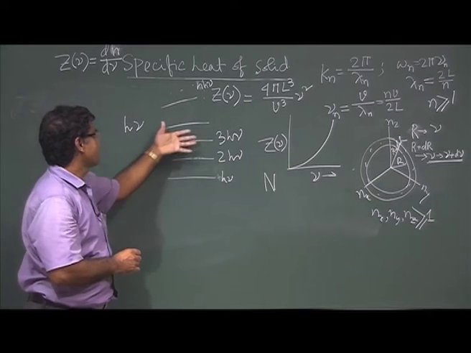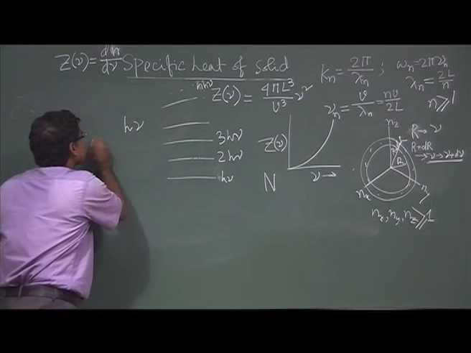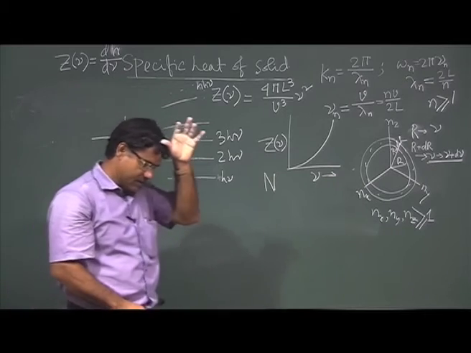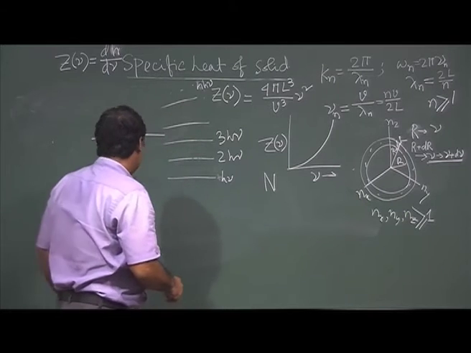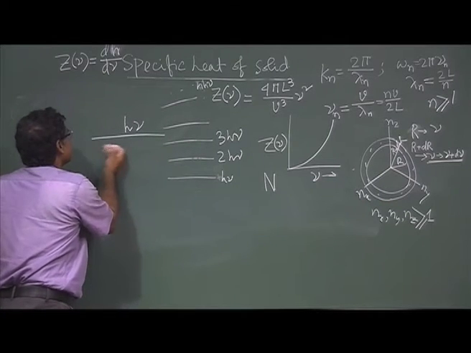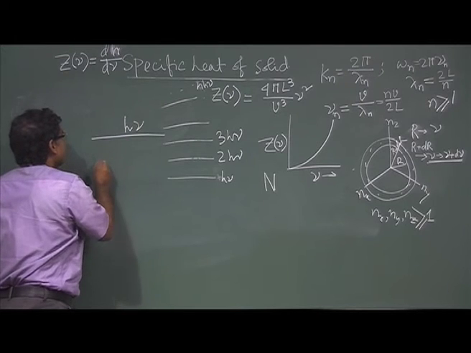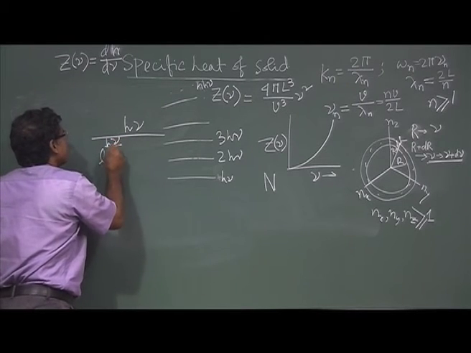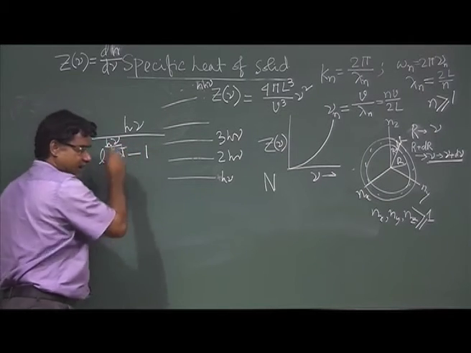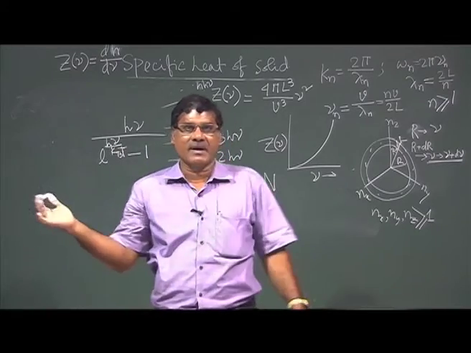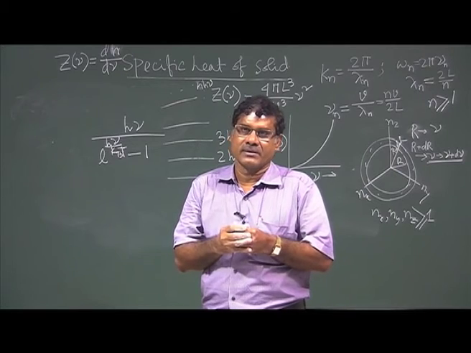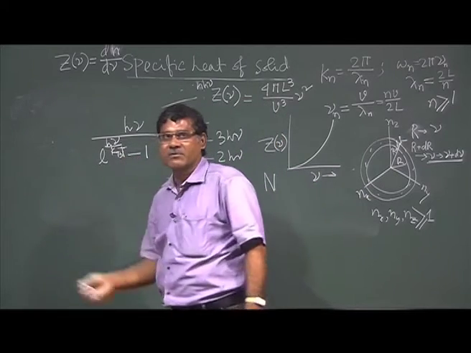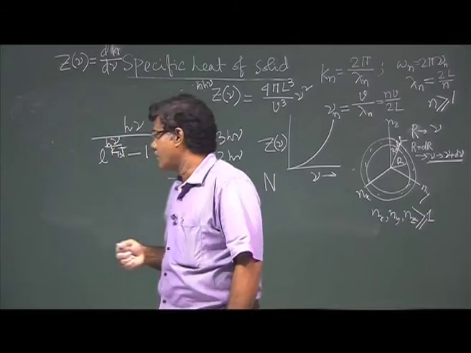That distribution is well known: the average energy is h nu by e to the power h nu by kBT minus 1. This is the Planck formula, the average energy of a harmonic oscillator, the energy distribution we got in Einstein's theory also, right.